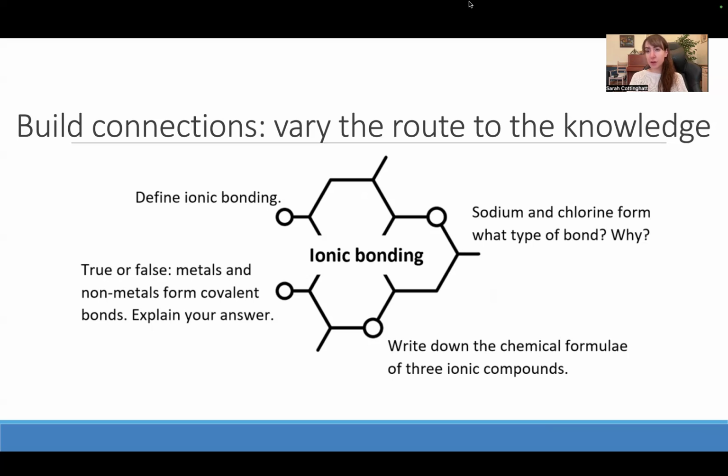If I want to know that students really understand ionic bonding, I'm not just going to ask them to define ionic bonding in lesson 1 and lesson 3 and lesson 5, etc. I'm going to ask questions in different ways to target the same concept and really try to enrich it. So I can ask these different questions in different formats to get them to think about knowledge in different ways.